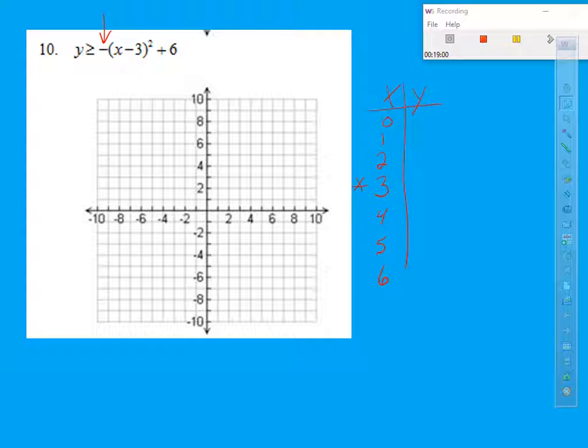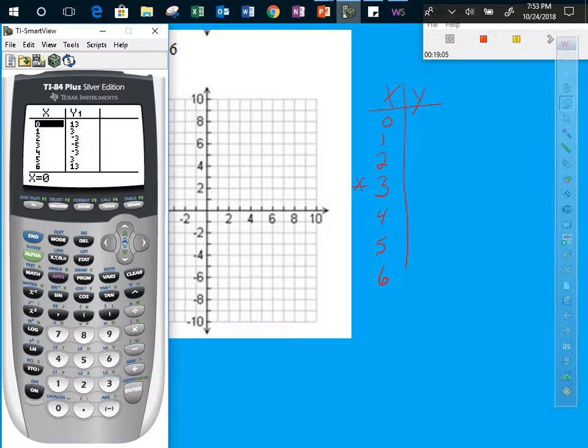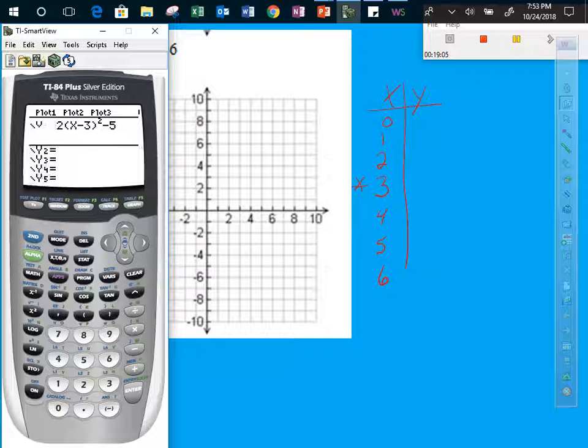Now, guys, when we type this into your calculator, to get that negative out front, we need this one right here. So I got negative parenthesis x minus 3, close my parenthesis squared. Now let me point something out.